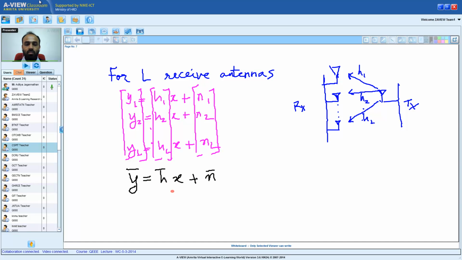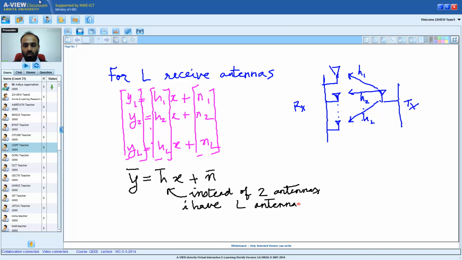This is the same as previous, but instead of two antennas, now I have L antennas.